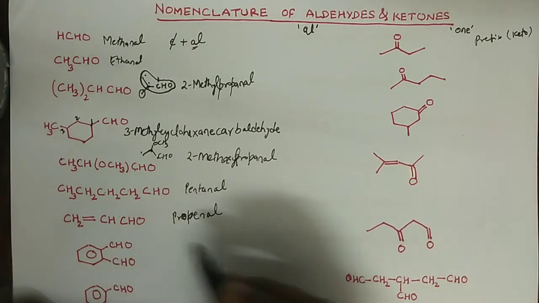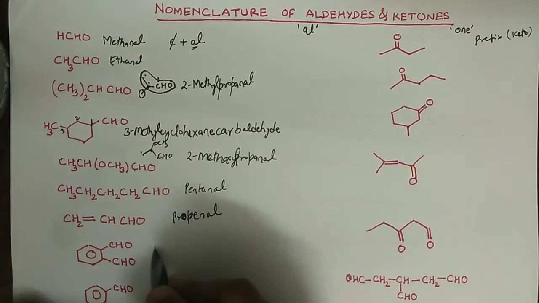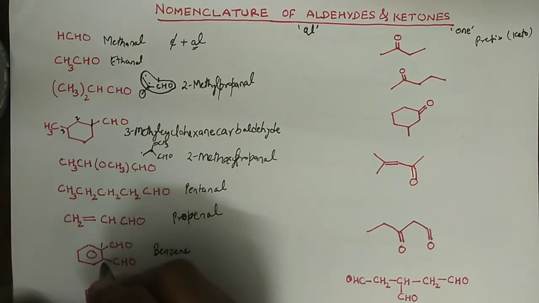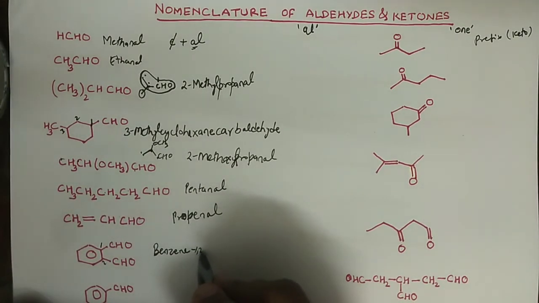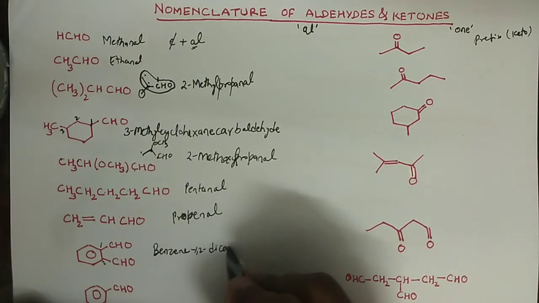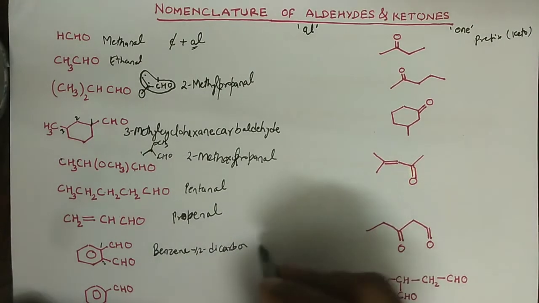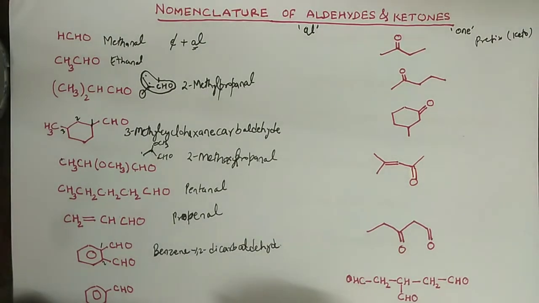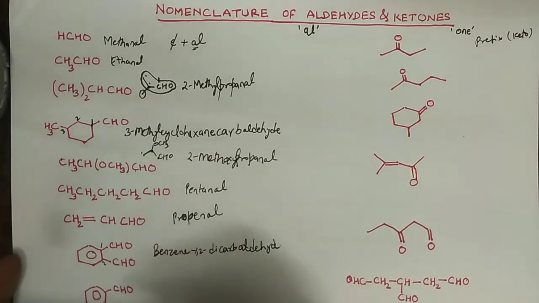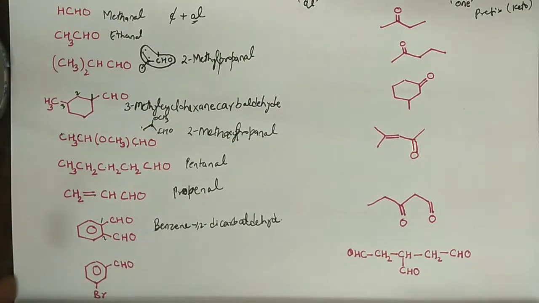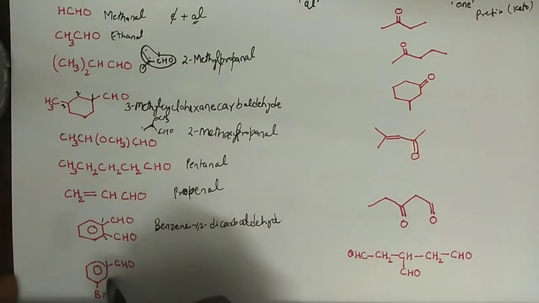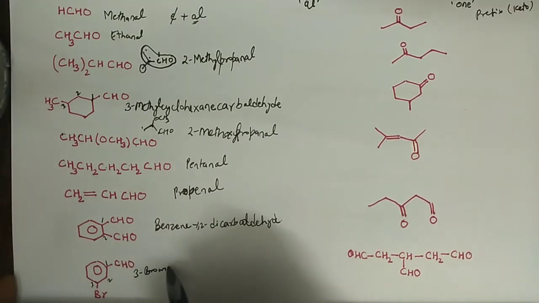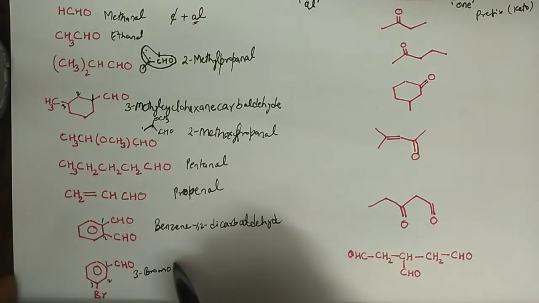And now we have such a type of compound for which we will name it benzene. Just like we have hexane, we have benzene, and this is 1 2. So we will write it 1,2-benzenedicarbaldehyde, right? And I think you can understand the nomenclature for this last member. This is 1 2 and 3, 3-bromo, right?